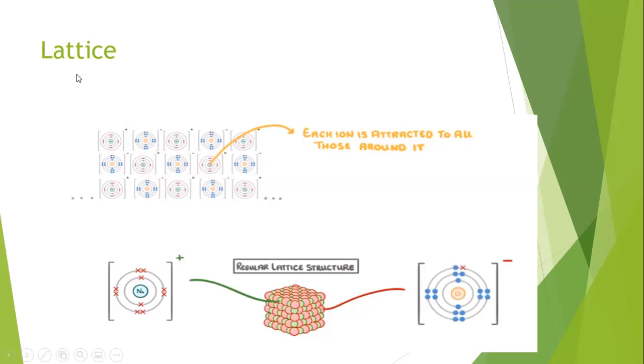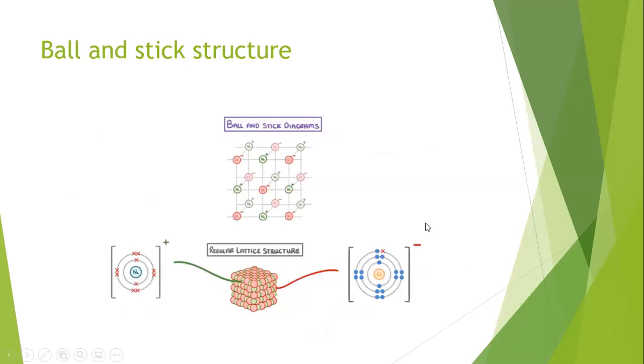Each ion is attracted by all the ions around it. For this lattice structure, you can see here the ball and stick diagram.